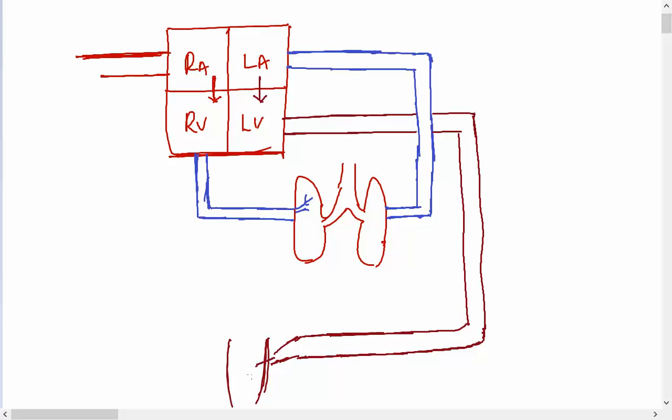Okay, and it is giving capillaries, then it forms a vein.